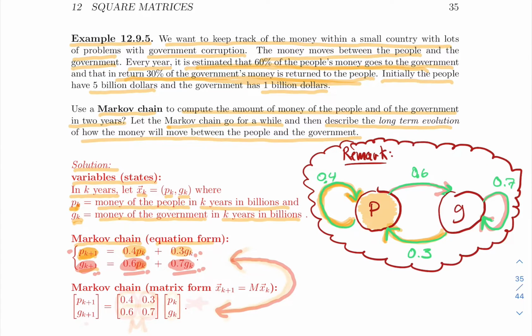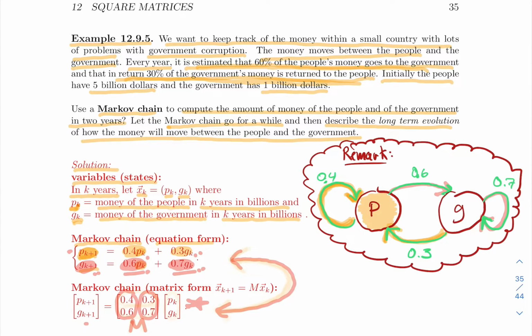So here, the left column is always next year. In this case, I'm using K, so PK plus 1, GK plus 1 is next year. And now you see your Markov matrix M here. You can see that if you look at the columns, 0.4 plus 0.6 and 0.3 plus 0.7 sum up to 1. And make sure you feel this Markov matrix, the Markov chain in matrix form.